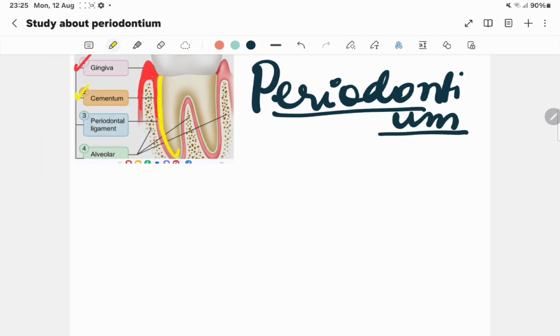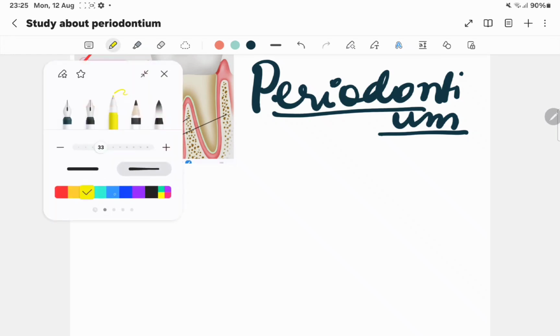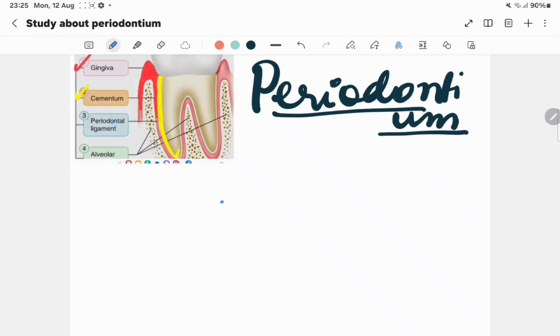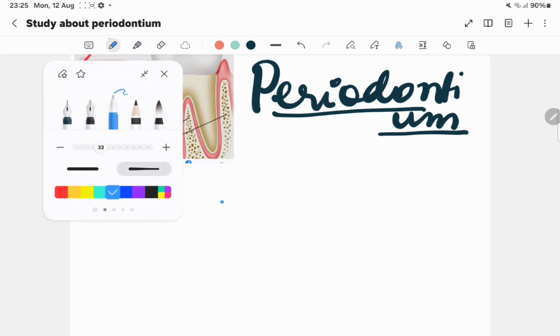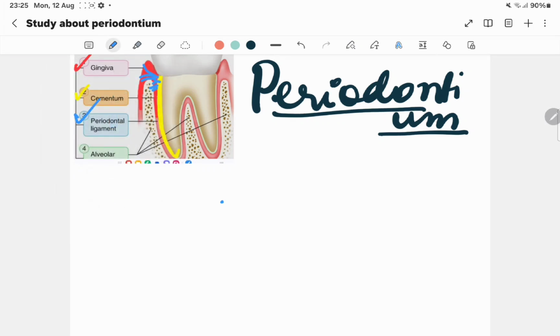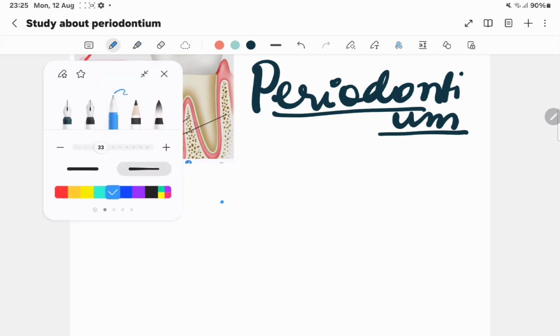Third part is your periodontal ligament. So what is a periodontal ligament? It's basically attaching your tooth to the gingiva and the alveolar bone. This is the alveolar bone. So the third part is your periodontal ligament, and the fourth part is your alveolar bone.